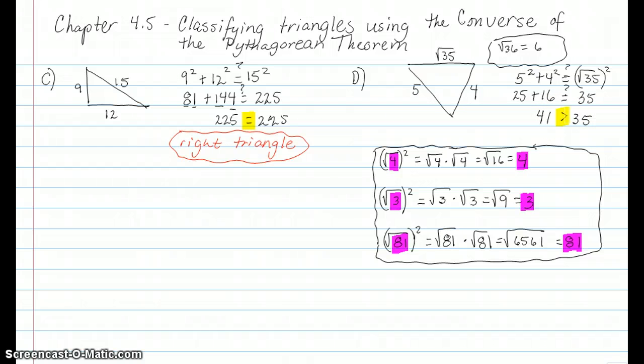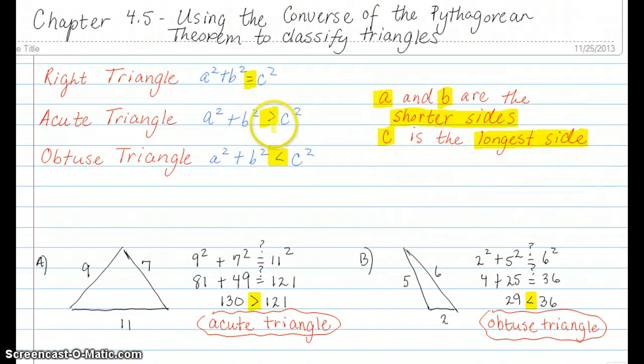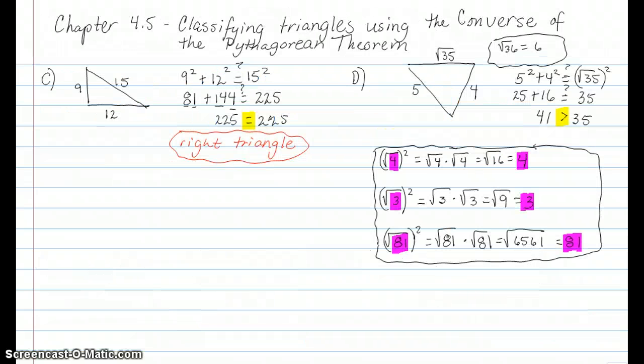And when it is greater than, if you will remember back, we'll go back up a page just to remind you, greater than is going to be an acute triangle. Okay, so let's go ahead and write that. Acute triangle.